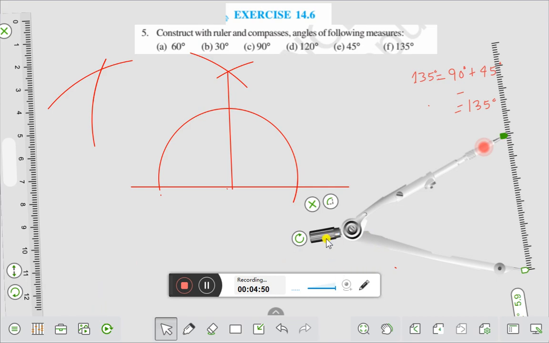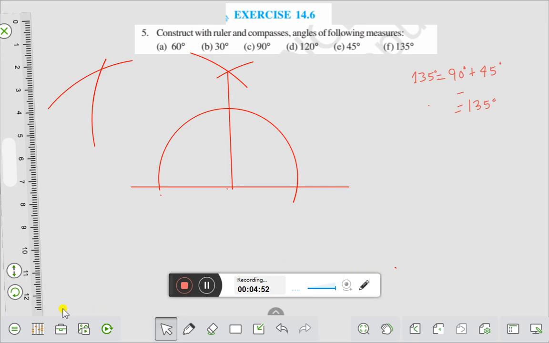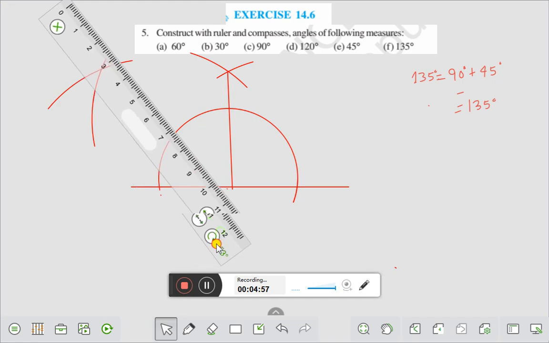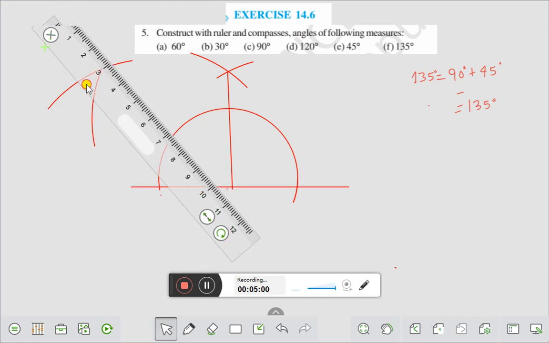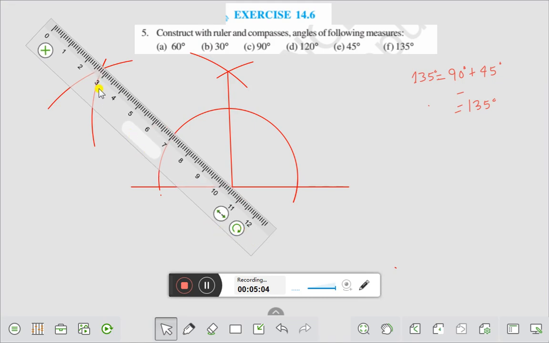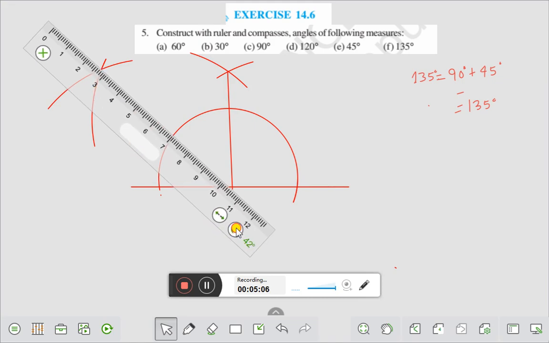Now find the scale. This is the scale. You have to draw a line here and at this point, right? Now draw a line here, right?